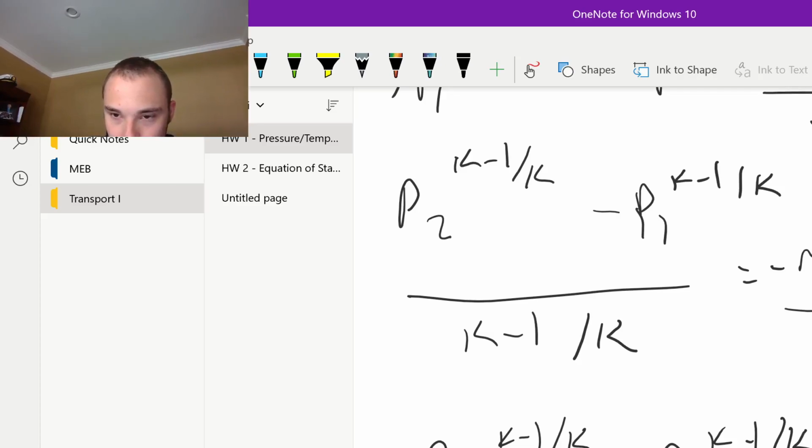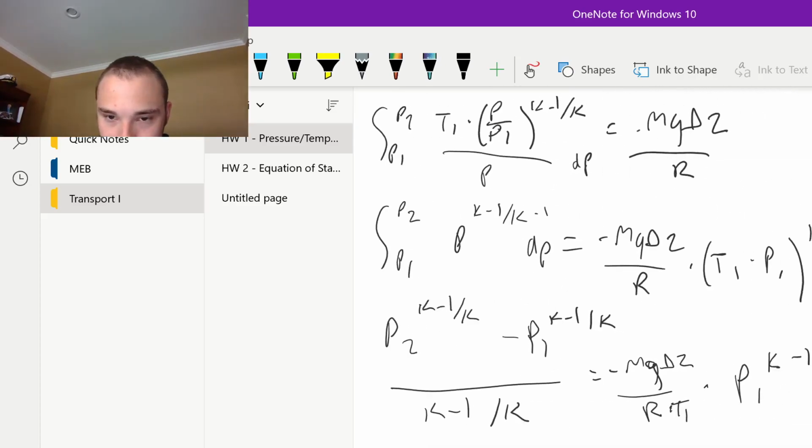I'm going to zoom out a little bit so it gives us a little more room. K minus 1 over K times negative mg delta z over r times T1 times K over K minus 1. Looking at this, we can see that we can factor out a P1 to the K minus 1 over K and simplify this for P2.